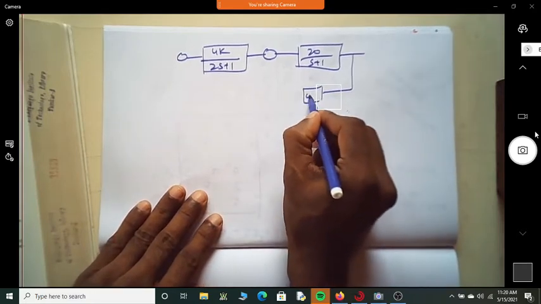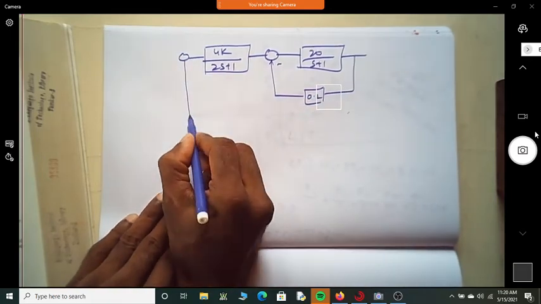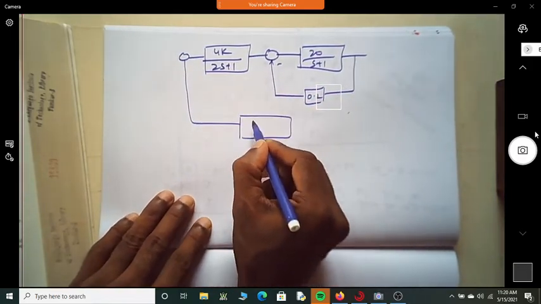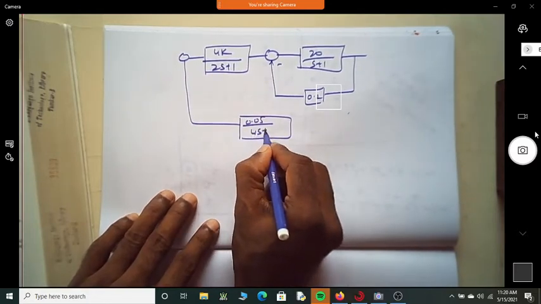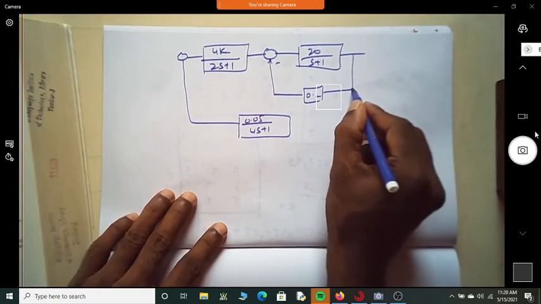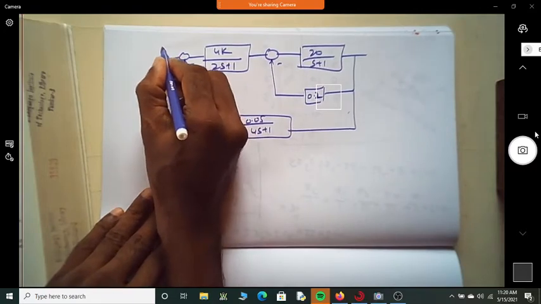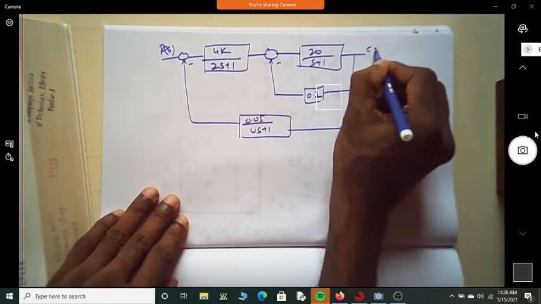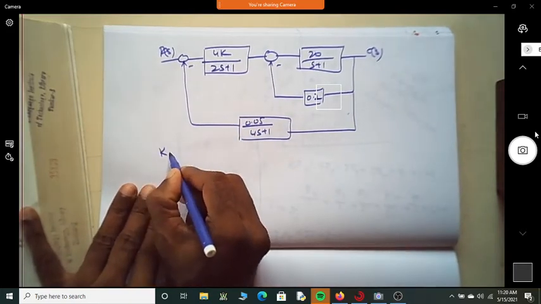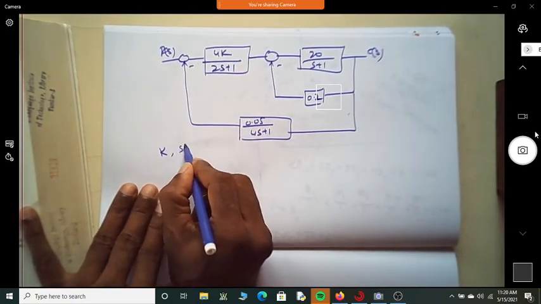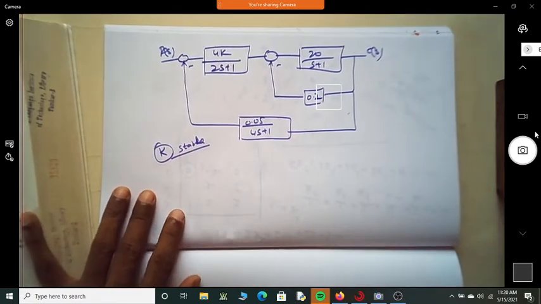This is 0.2. This is minus. I have one more block, which is 0.05 divided by 4s plus 1. This is having a feedback minus. This is RFS, CFS. The question is find the value of K so that system is stable. For the system to be stable, what is the value of K?